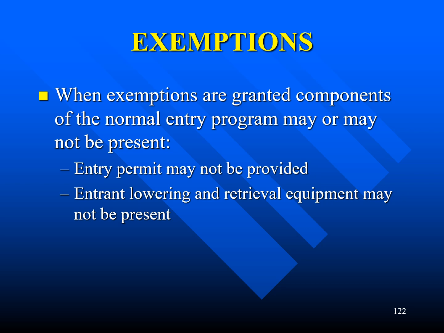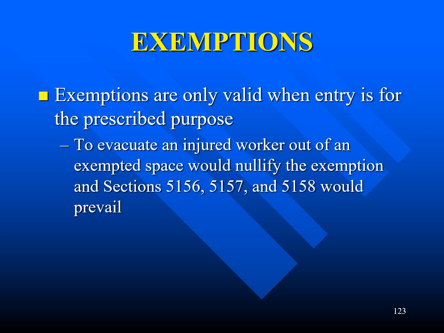An entry permit may not be provided, and the entrant lowering and retrieving the equipment may not be present. Exemptions are only valid when the entry is for the prescribed purpose. To evacuate an injured worker out of an exempted space would nullify the exemption, and Sections 5156, 5157, and 5158 would prevail.